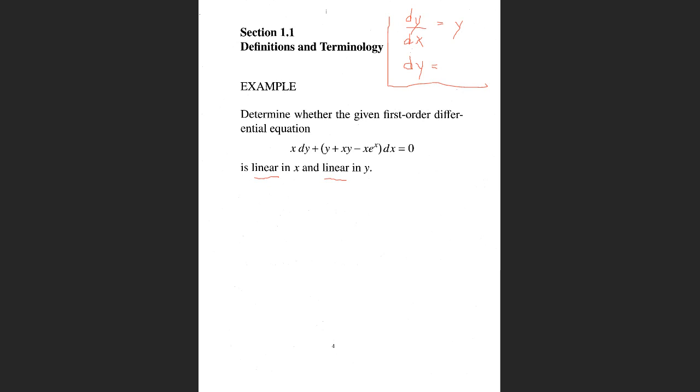But I can write dy dx equals y, that differential equation. It's a differential equation because there's a derivative in it. I can write dy dx equals y as dy equals y dx. That is the same differential equation. And the reason I'm mentioning this is that here I'm giving an equation that has differentials in it.